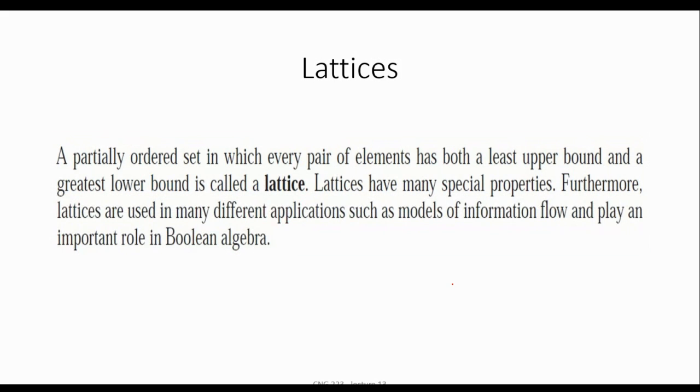We needed to know about posets because we want to talk about lattices. So a poset in which every pair of elements has both a least upper bound and a greatest lower bound is called a lattice. So you may ask me, what are these two terms? In order to understand them perfectly, we need to know about topology in mathematics. In pure mathematics, when we want to start talking about discrete mathematics, I should start everything from relations.